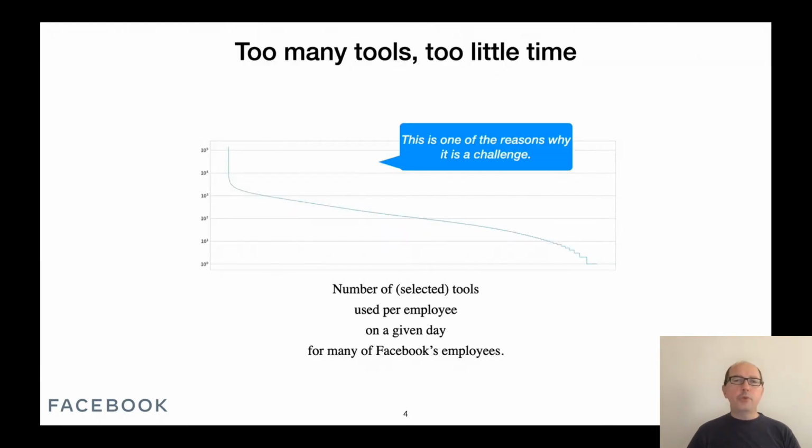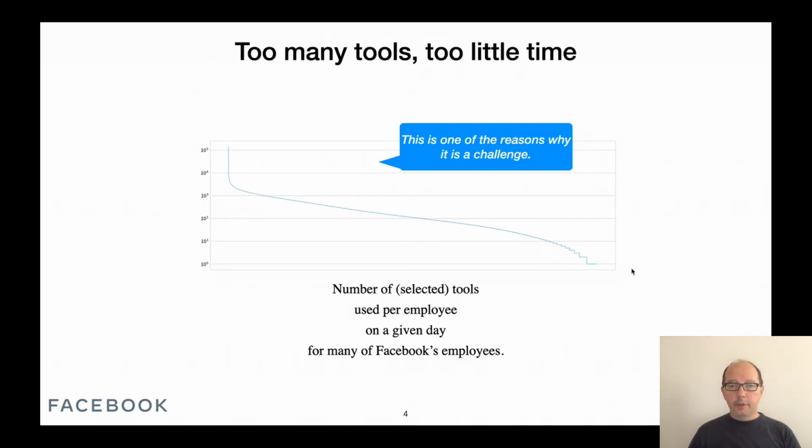So here's one reason why it's actually challenging to predict work items. This is the situation at Facebook. These are basically all our engineers here, many thousands. And these are all the tools used on a given day by those engineers. And you see even half of them use around 100 tools or more.